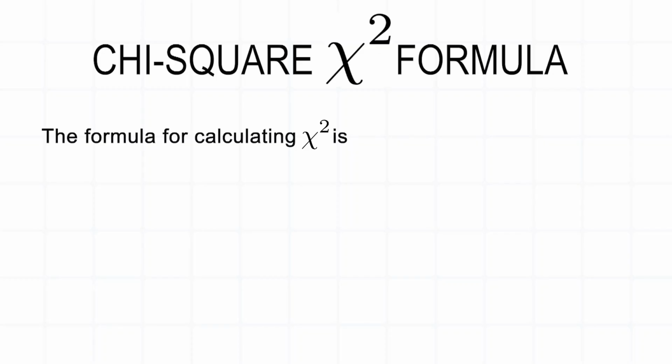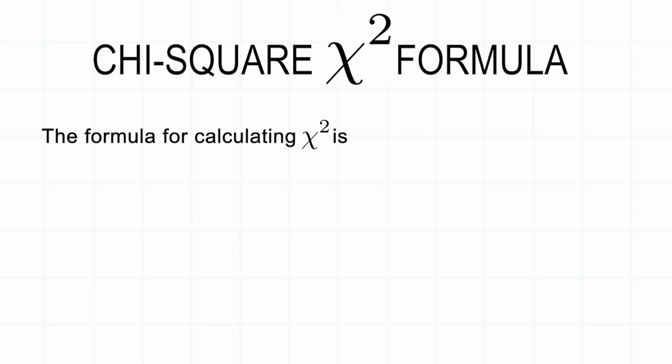So, first let us understand the formula of chi square. The formula for calculating chi square is a common formula which is used across all kinds of calculation of chi squares, whether it is goodness of fit or the test of independence.